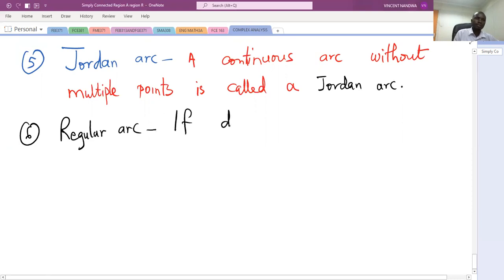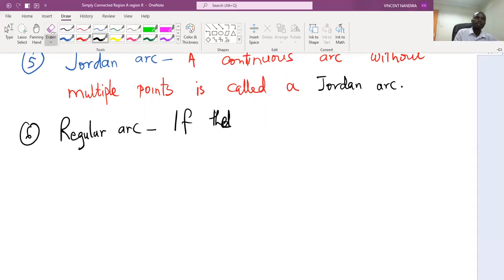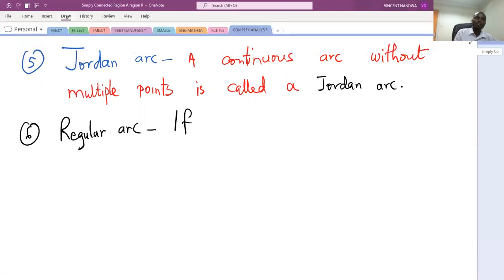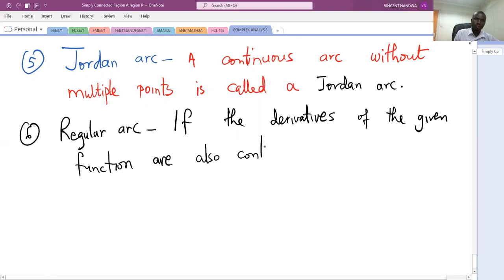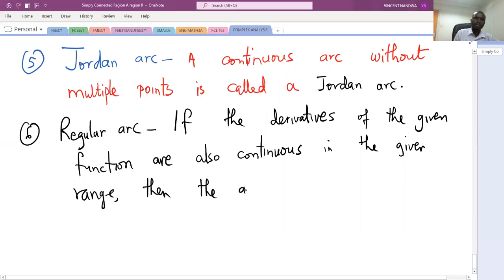So if the derivatives of the given function are also continuous, in the given range, then the arc is called a regular arc.